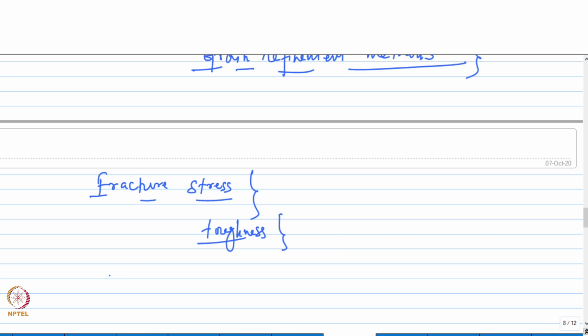Okay, but one property that will suffer due to grain refinement is creep, which is a time dependent high temperature deformation process, right? So one of the mechanisms of creep is through grain boundary sliding.